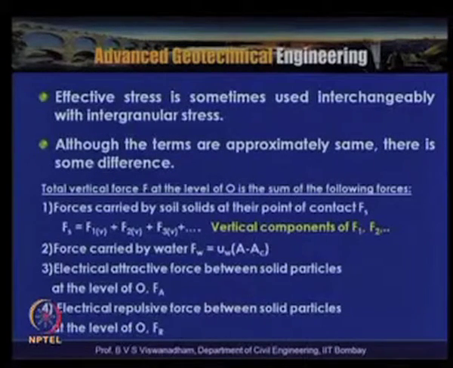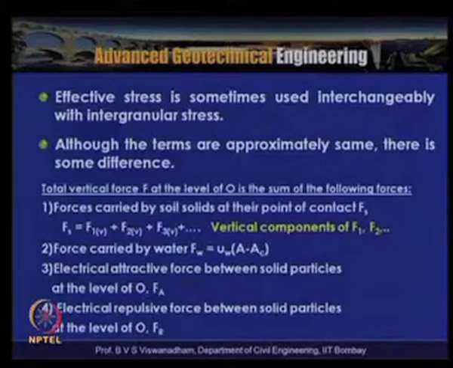So Fs is equal to F1V, the vertical component of each contact force, plus F2V and so on up to FnV. And the force carried by water, which is Fw equal to Uw into (A minus Ac).